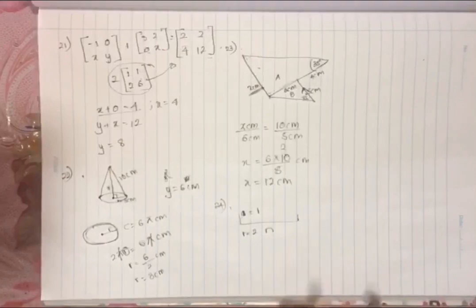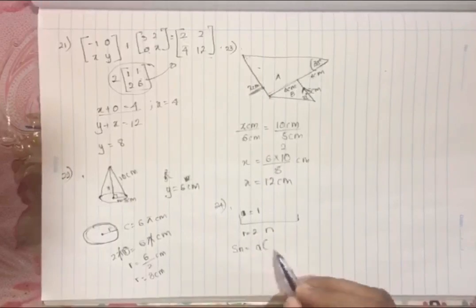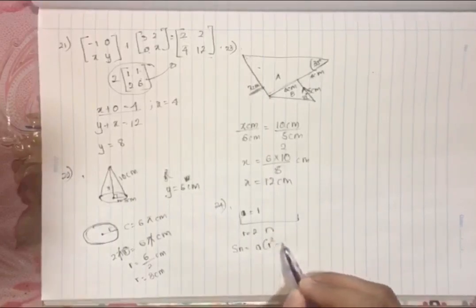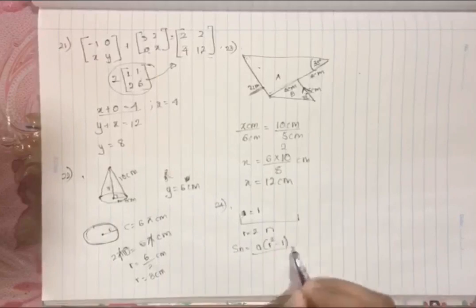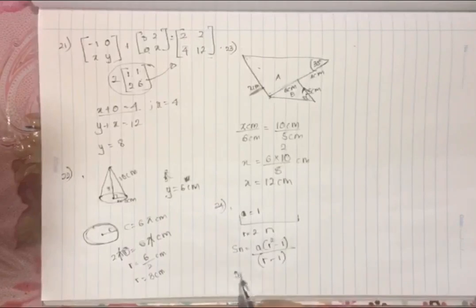You need not solve anything here. For the sum of a geometric progression, you have an equation, that is Sn equals a times (r to the power n minus 1), divided by r minus 1. Now you have to substitute all the values here.